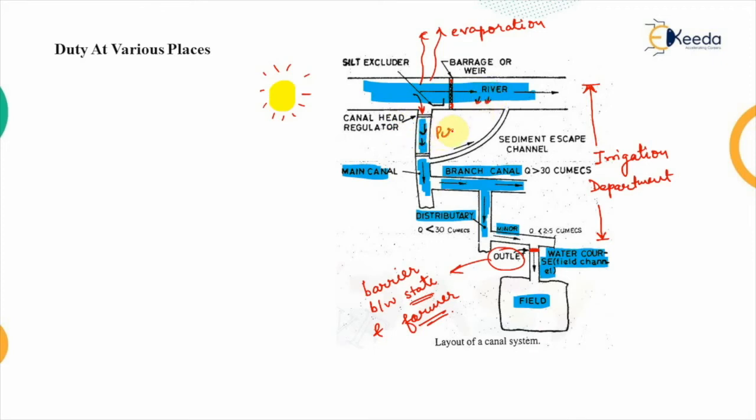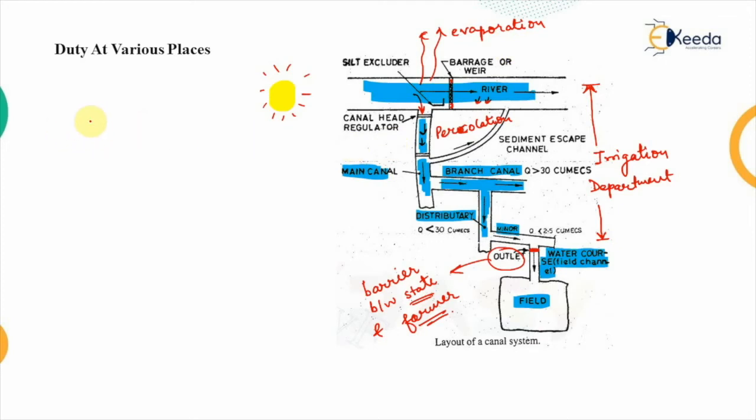Certain amount of the water will be going into the ground through the process known as percolation. That means when the water is traveling in these constructed canals, there is some amount of water which is lost because of this evaporation and percolation.